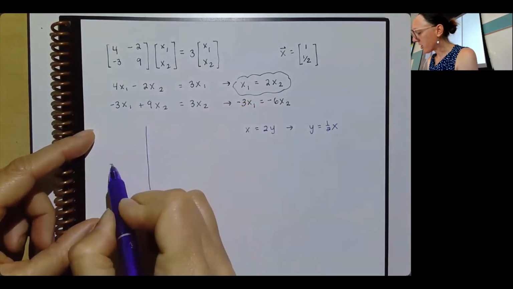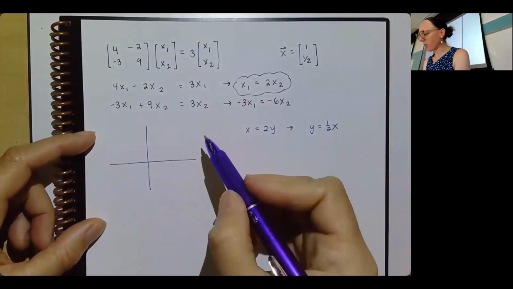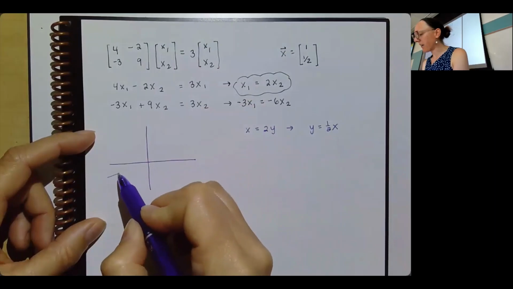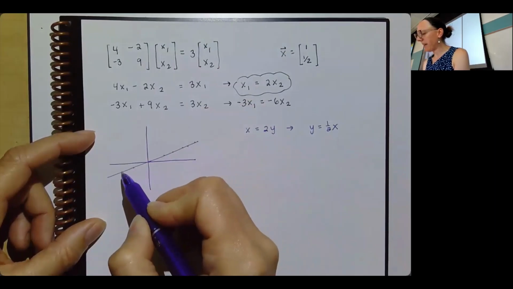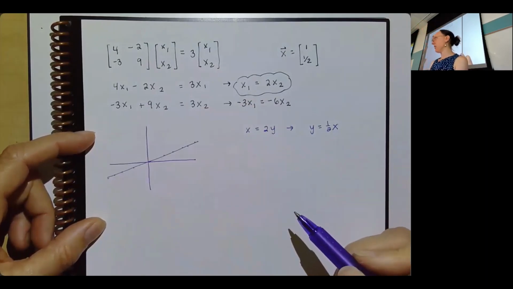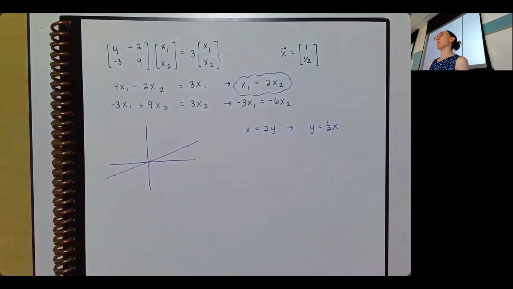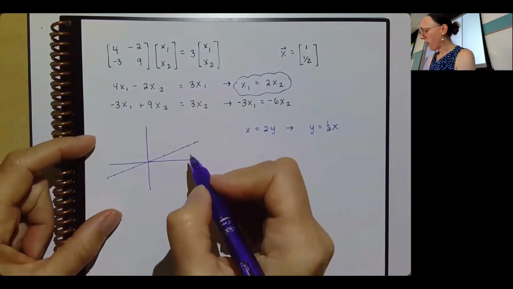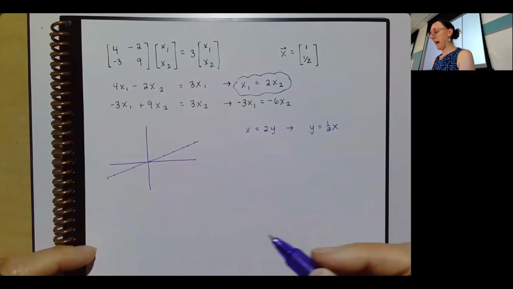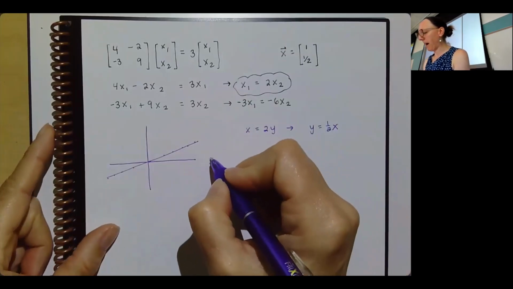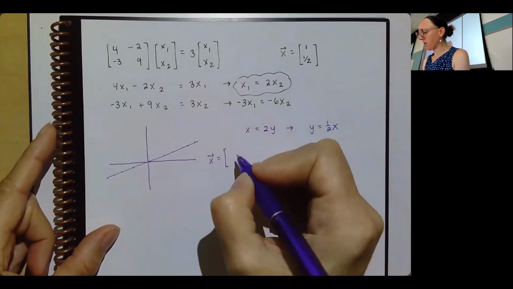And if I were to sketch that line, the y is equal to 1/2 x line, then any point at all on that line is an eigenvector, or could be the terminus of an eigenvector. So I'm going to choose something that has whole numbers. So personally, I might choose my eigenvector to be 2, 1.